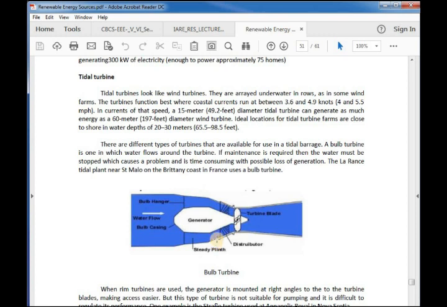In this bulb turbine, the diameter is about 60 meters, that is 157 feet high. And the location is close to the shore, and the depth of the water should be at least 20 to 30 meters.